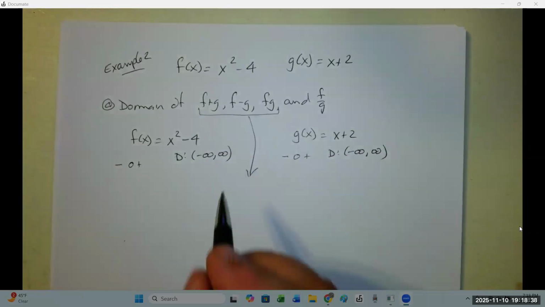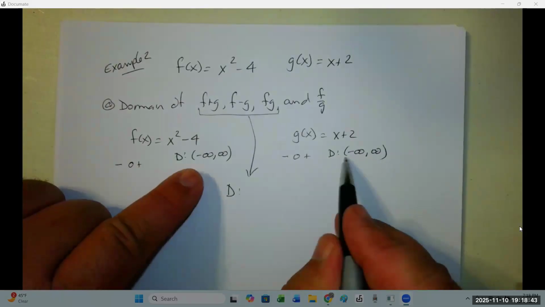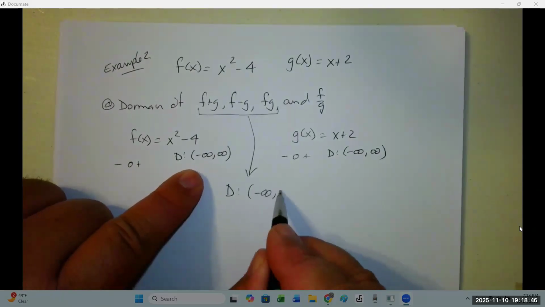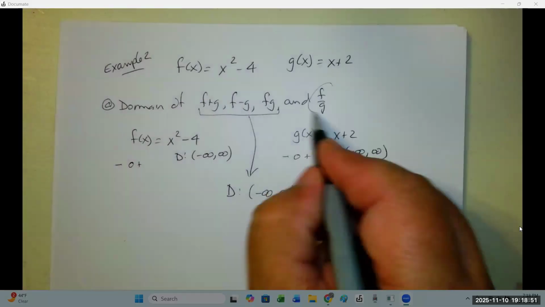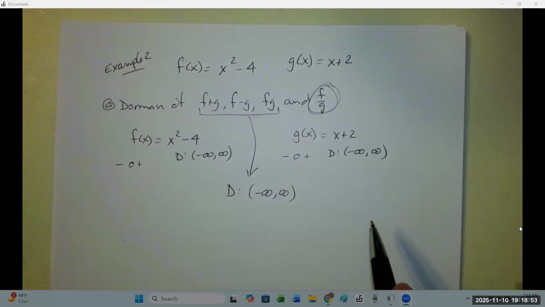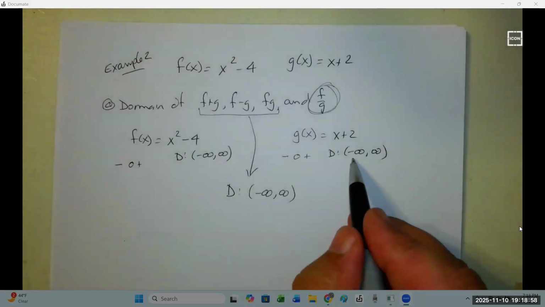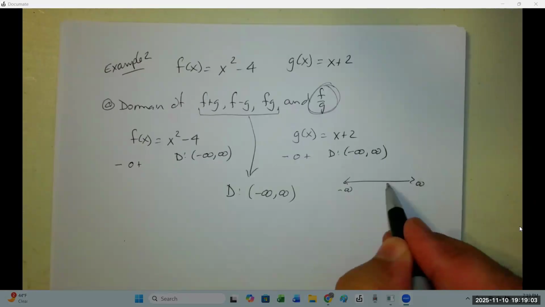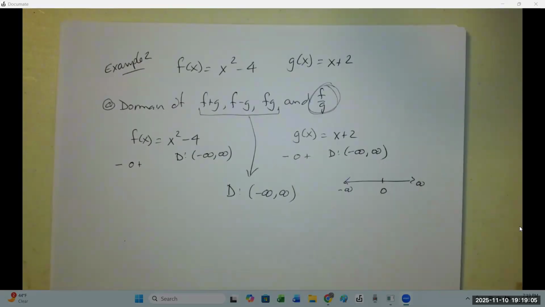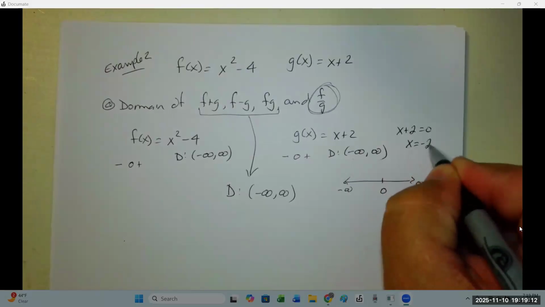So the domains of all those, where they intersect, they both go from negative infinity to positive infinity, so that's the domain of all of them, except this one. Since g of x goes from negative infinity to positive infinity, it can also equal 0. In other words, x plus 2 equals 0 when x is negative 2.